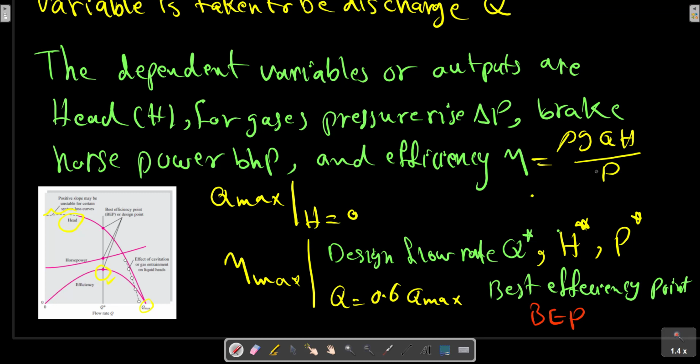As shown in this picture, the horsepower required to drive the pump typically rises monotonically with the flow rate. Sometimes there is a large power rise beyond the BEP, especially for radial-tipped and forward-curved blades.